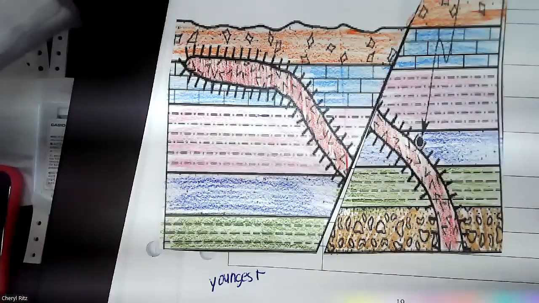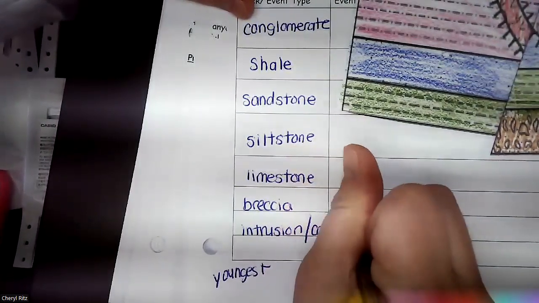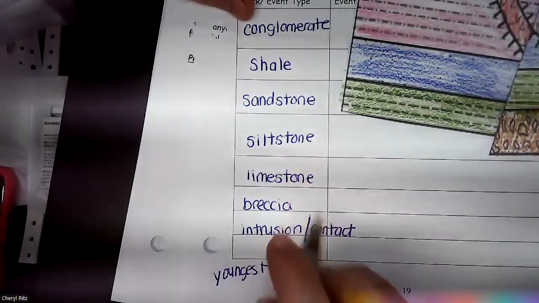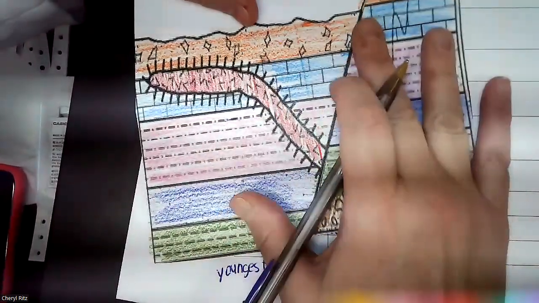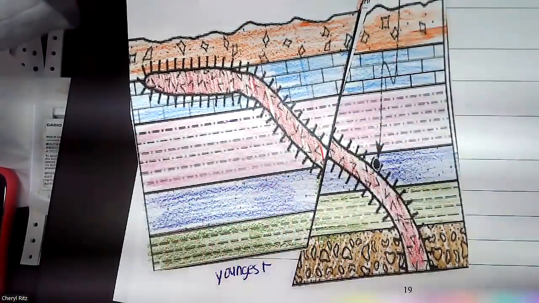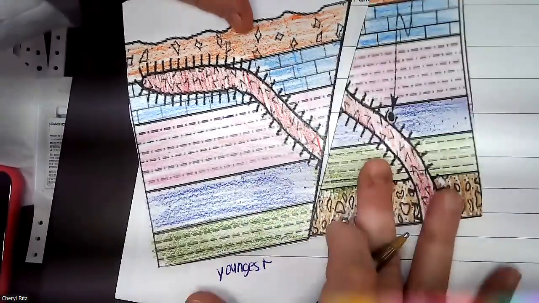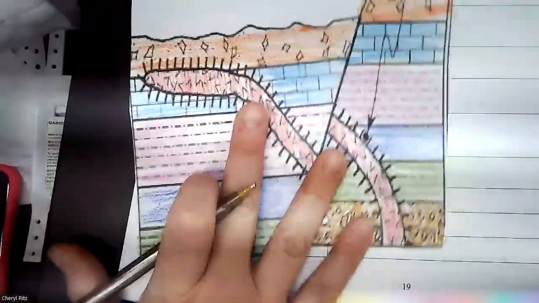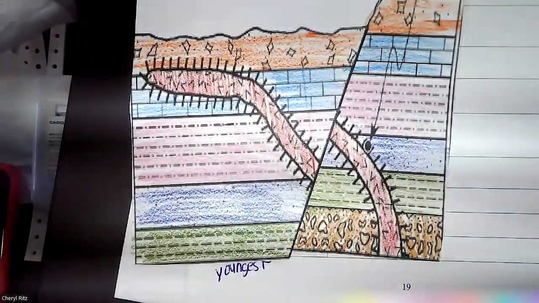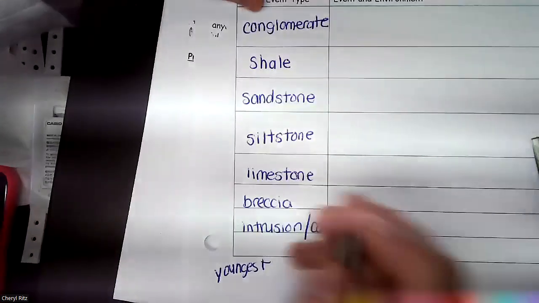The fault, that break. I'm sorry, that break happened after the breccia. How do I know the break happened after the breccia? Because the breccia's broken. So then the fault was last.